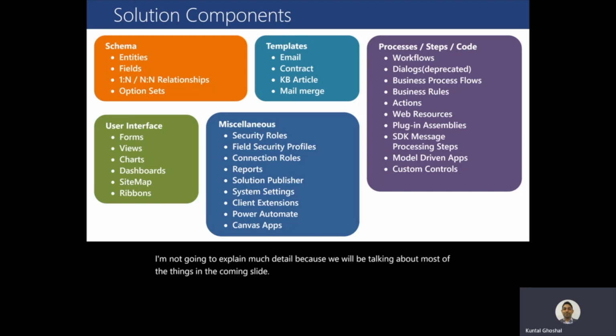But schema are basically entities that you will be creating or including as part of your customization, the fields, the relationships. User interface are forms, views, charts, dashboards, sitemap, ribbon, and then there are templates, which you might create for your organizational need, like email template, KB article template, mail merge template.